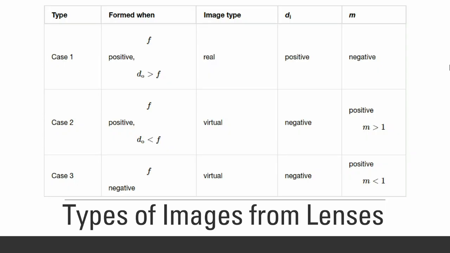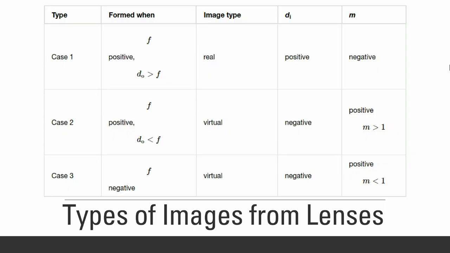And as we saw in our image, so this M is magnification. We'll talk about that in a little bit. The tree on the left side of the lens was smaller than the original tree. So the magnification is less than 1, meaning it made the object smaller. For case 2, this is a converging lens, positive focal length.